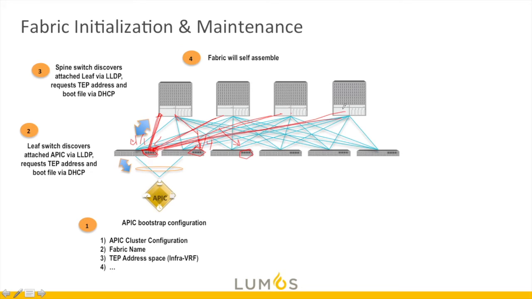So the fabric will assemble, everything gets discovered through LLDP, and then everyone gets its own TEP address. That's the tunnel endpoint address. So leaves and spines both get their own addresses. They're like loopback addresses. In fact, I think they are instantiated exactly as loopback addresses.